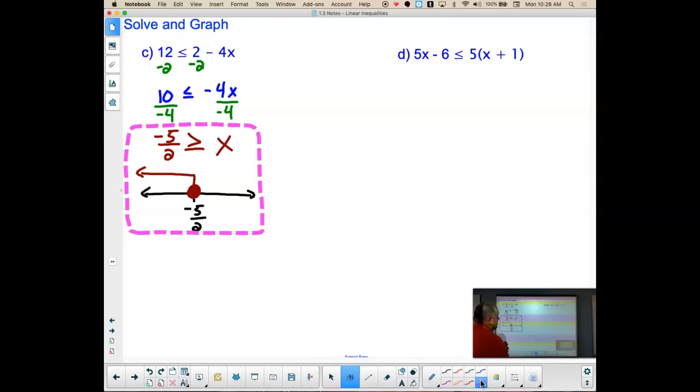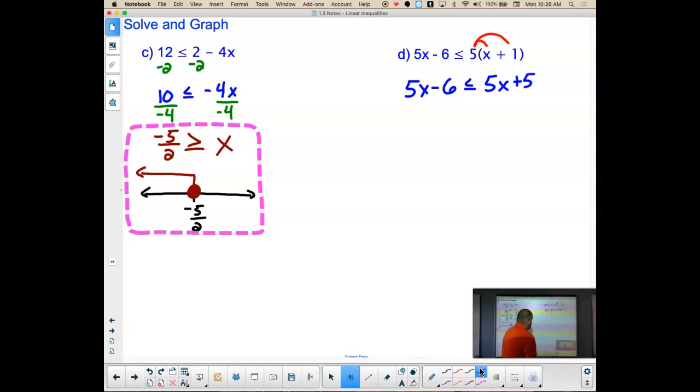Moving on to the next one, 5x minus 6 is less than or equal to 5 times the quantity x plus 1. If I distribute this 5 into that side, then I get 5x minus 6 less than or equal to 5x plus 5.